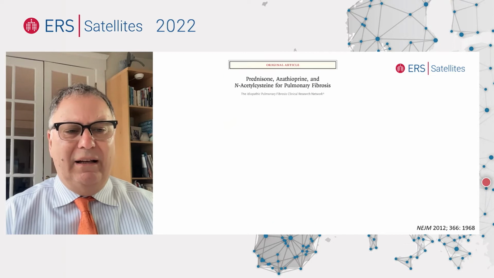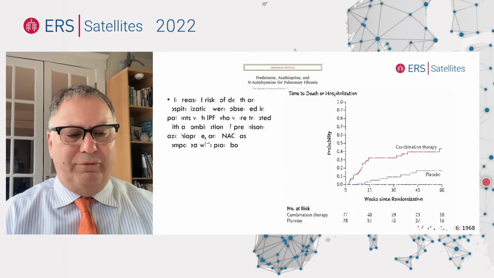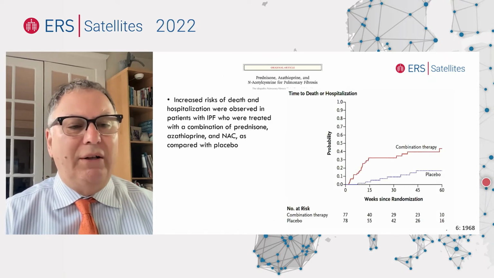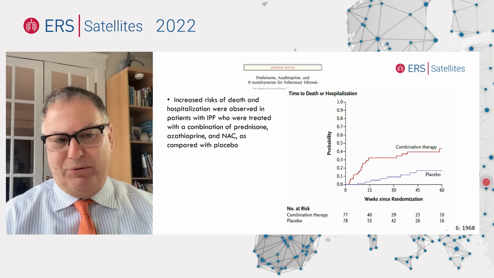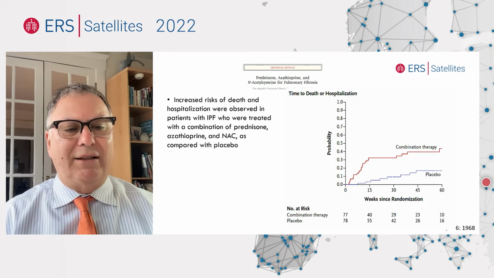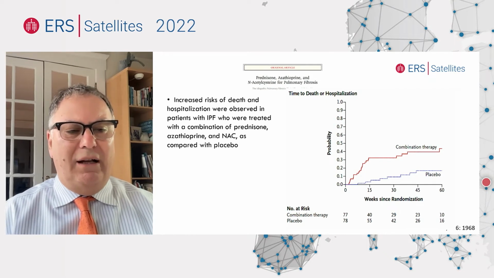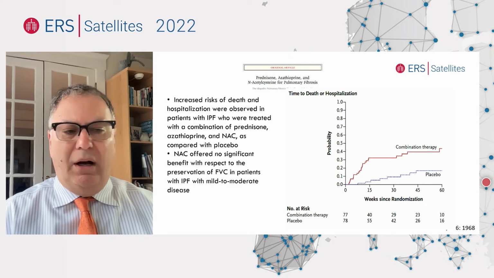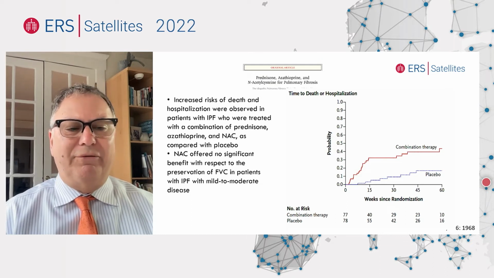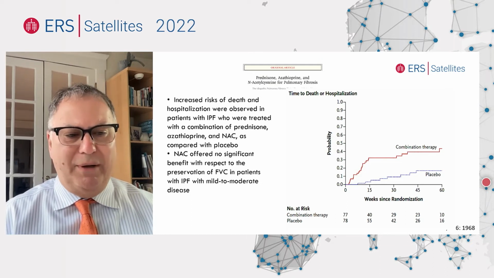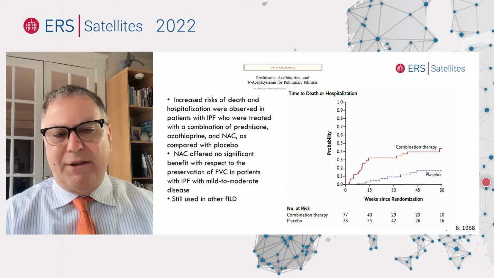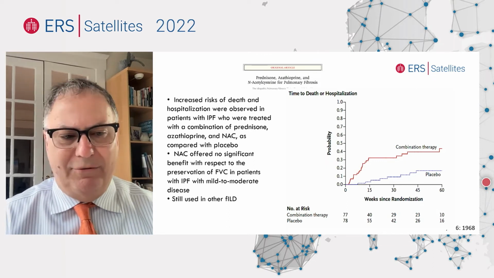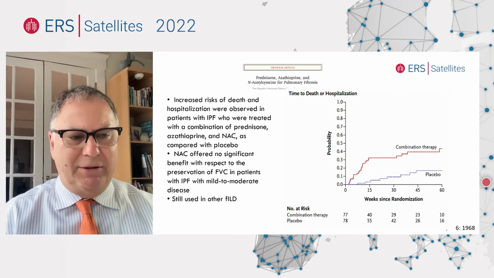Basically, this group of investigators showed that there were increased risk of death and hospitalization in patients with IPF who were treated with a combination of prednisone, azathioprine, and NAC as compared with placebo. NAC offered no significant benefit with respect to preservation of FVC in patients with IPF. And I think this was the beginning of the end of these drugs in idiopathic pulmonary fibrosis.